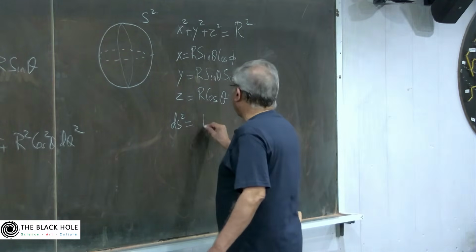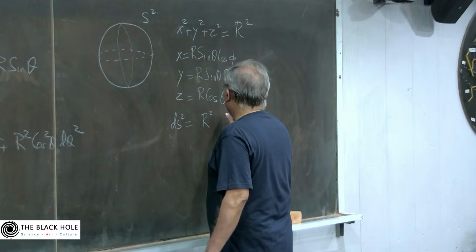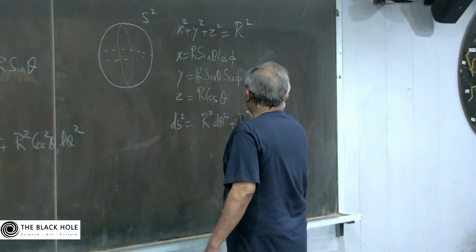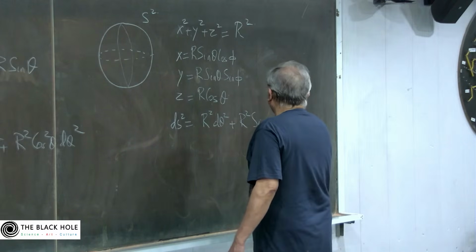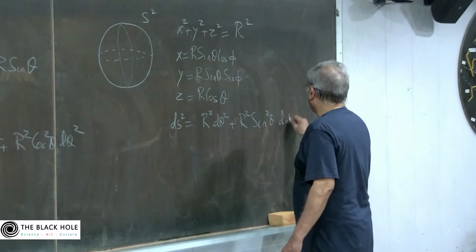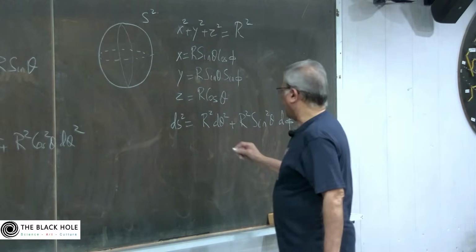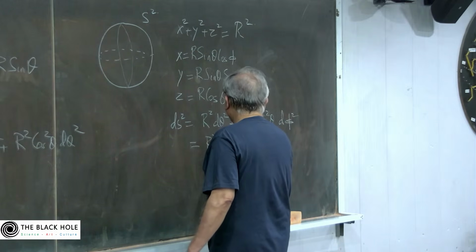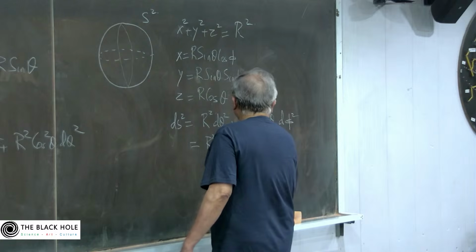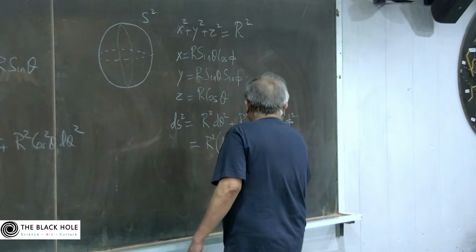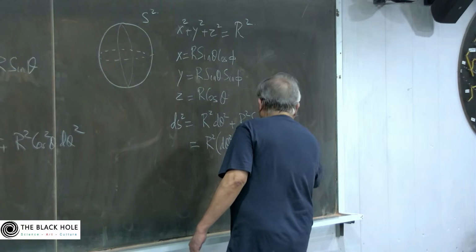When you add them all up, you will get r squared d theta squared plus r squared sine squared theta d phi squared. And if you write this, this is r squared times d theta squared plus sine squared theta d phi squared.